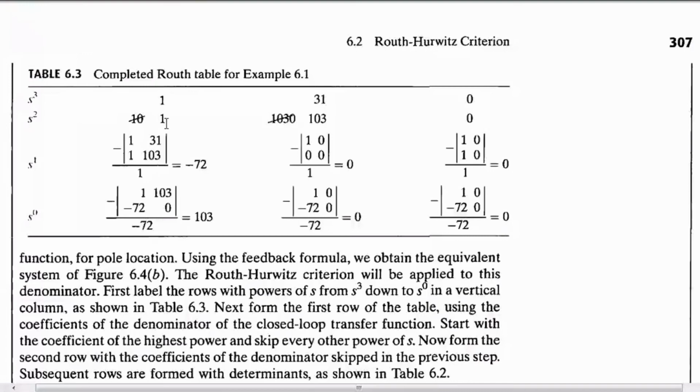So we'll write it down row 1 and row 2, and then the next one 31 and 103, divided by the value of row number 2's first value. So this is equal to, जो हमने कहा था B1, so this will be equal to B1 minus 72. ठीक है.